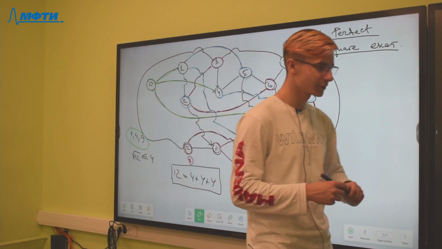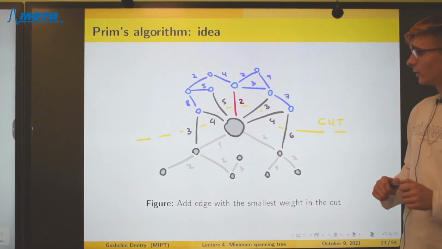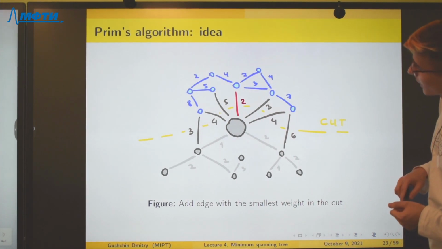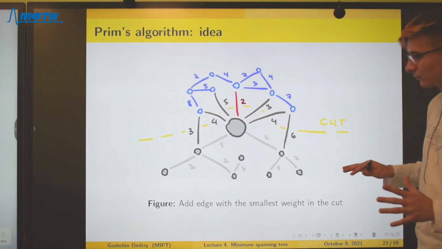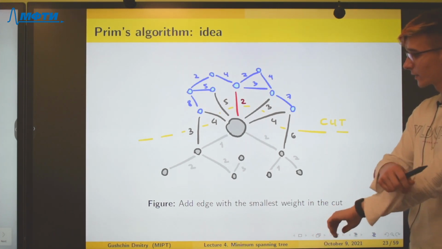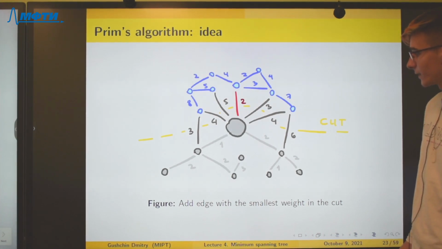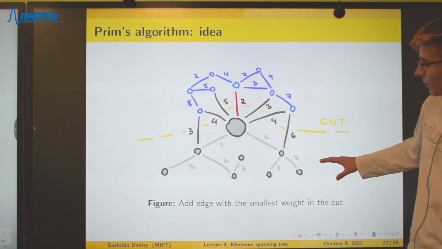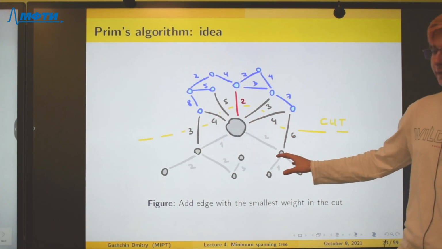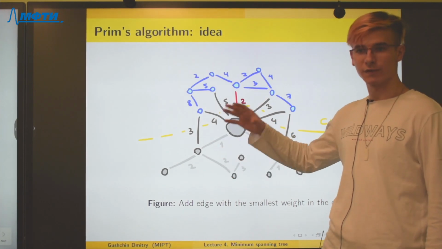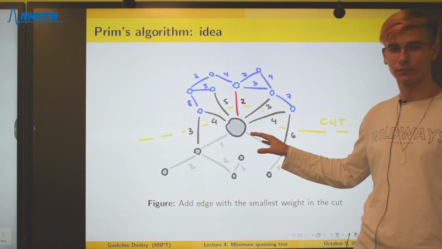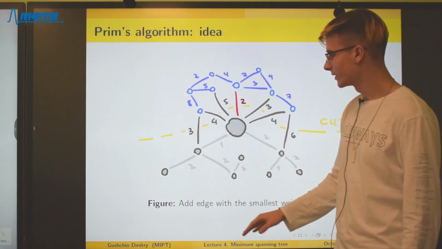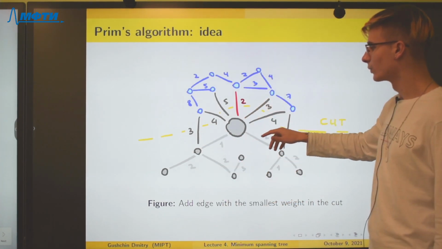Okay, return to our lecture. The next algorithm is named Prim's algorithm, and the idea is similar to Borůvka's algorithm. If we already have some subgraph that is a tree, not a spanning tree, but a tree, we can set a cut that divides our graph into two parts.